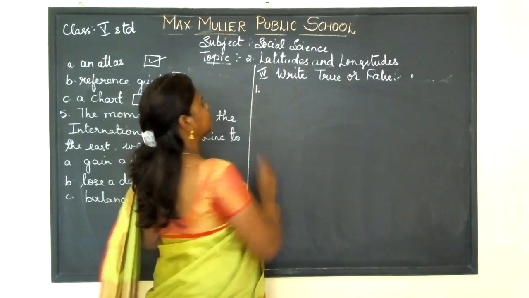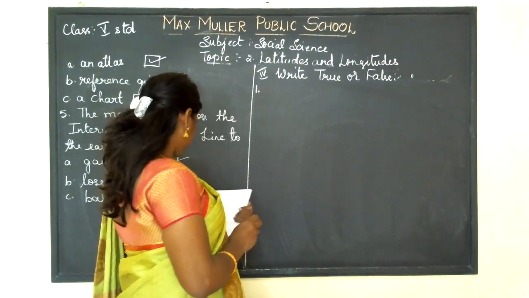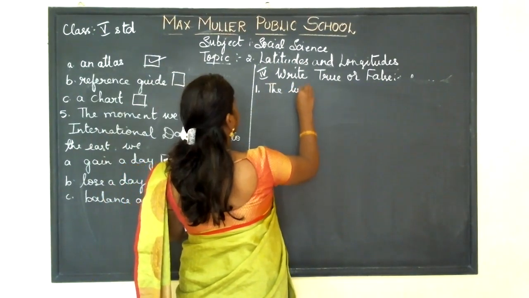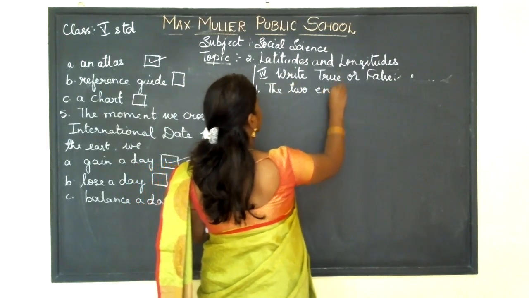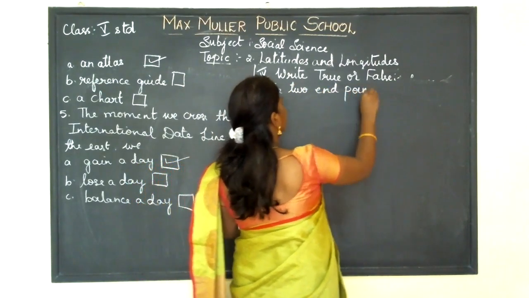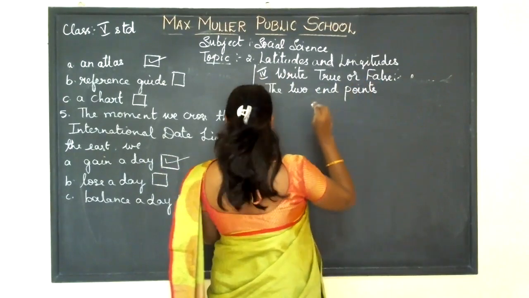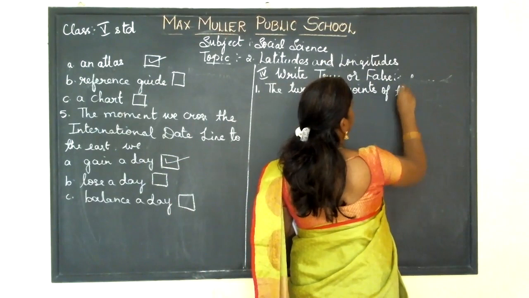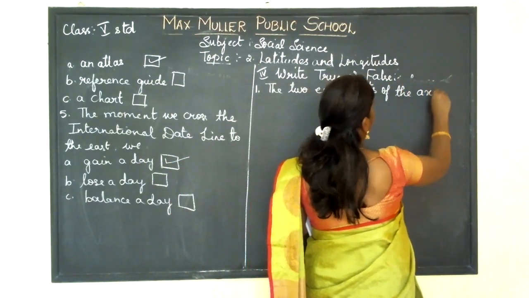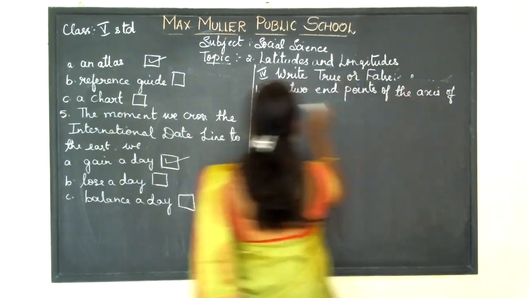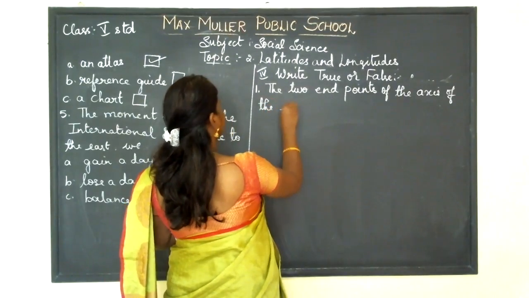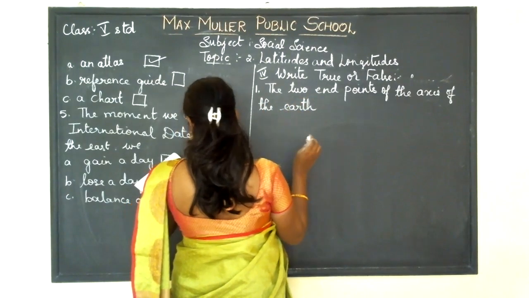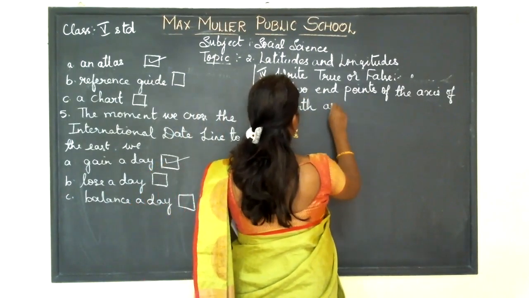The first question is, the two endpoints of the axis of the earth are called the poles.